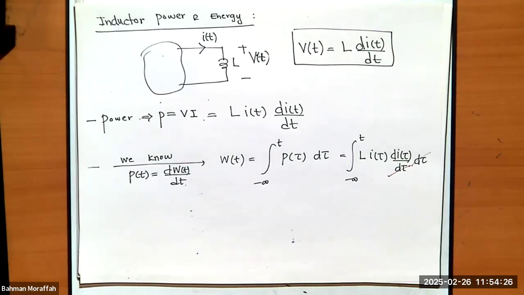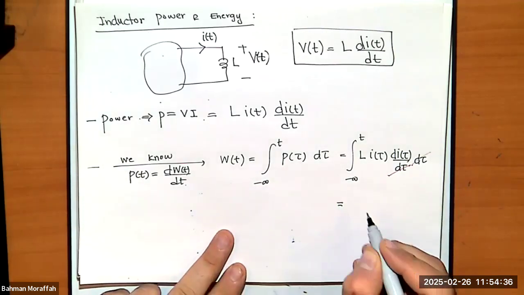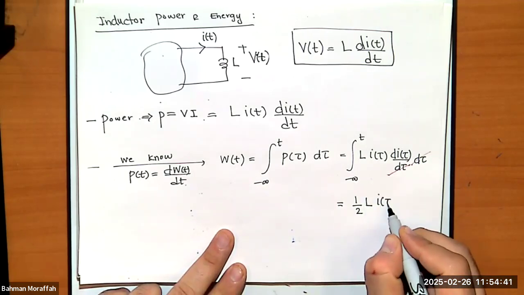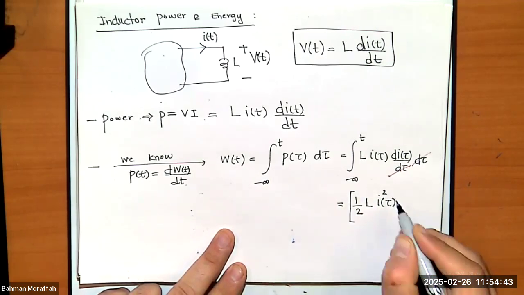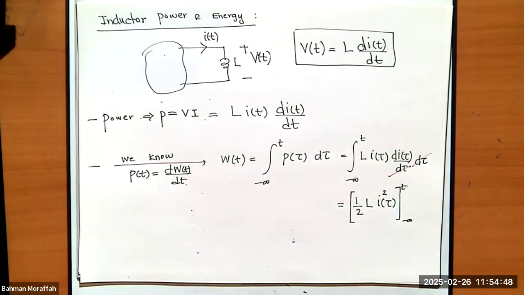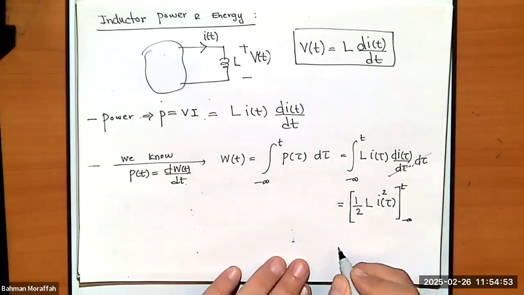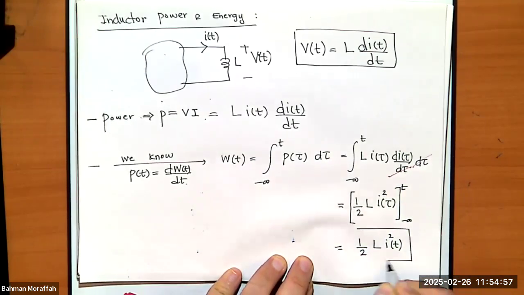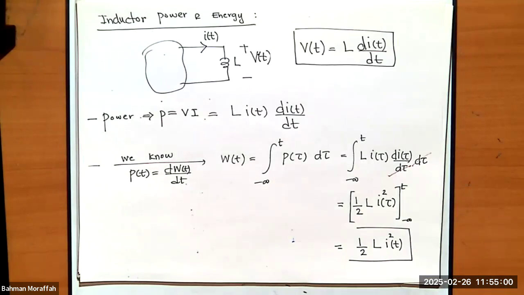What is that integral? It's half of x squared. So this integral is half of L i(tau) squared, evaluated from minus infinity to t. But I know i at negative infinity is 0. So this is only half L i(t) squared.